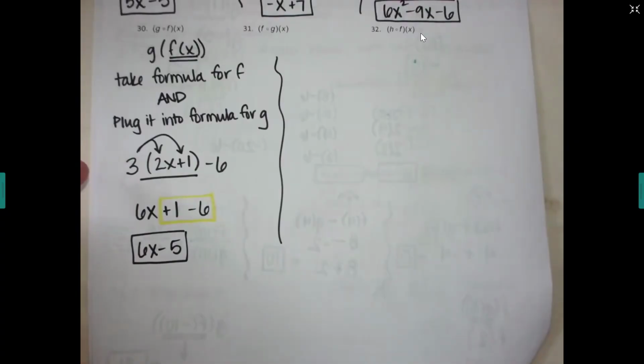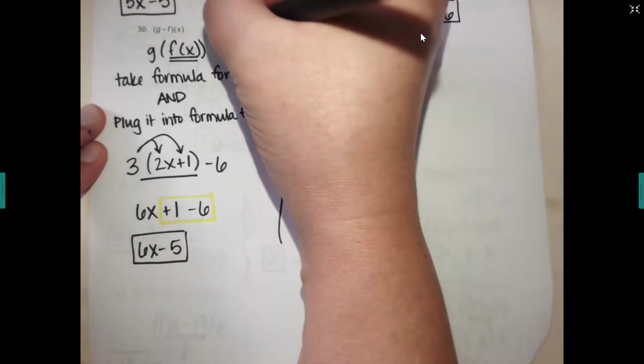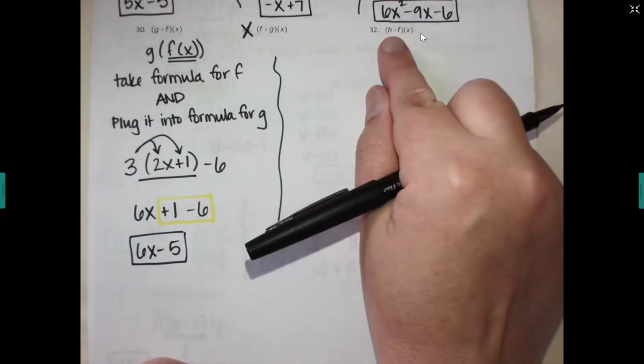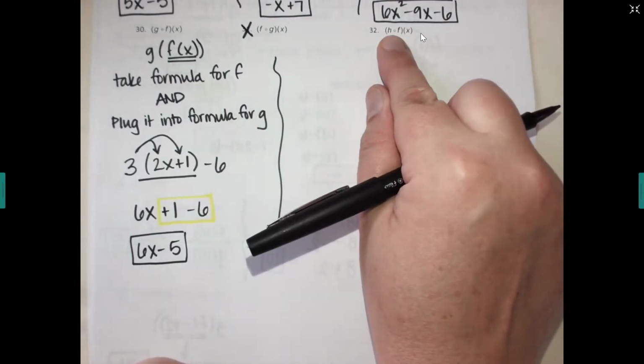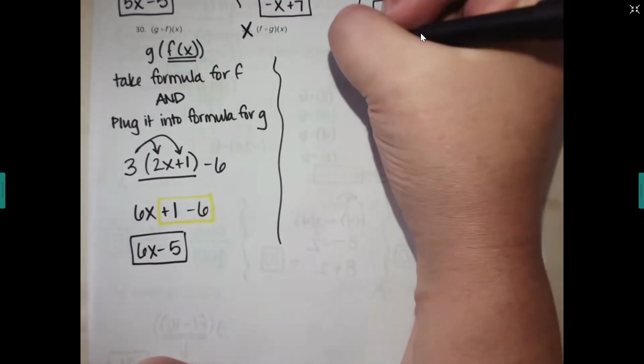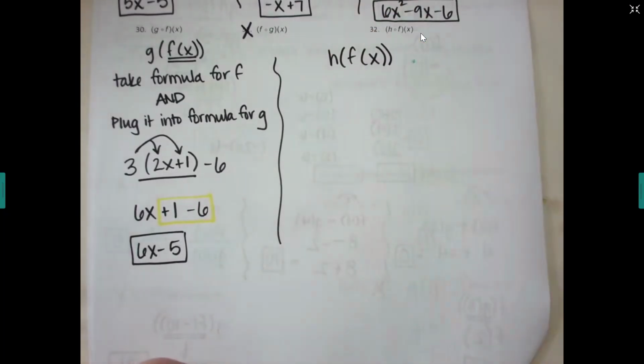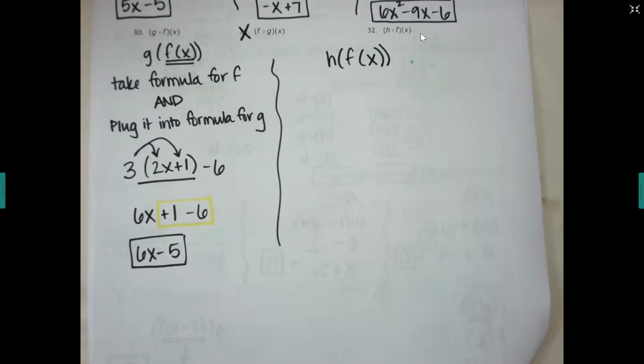All right, just since we're going to do several of these, let's skip 31 and we'll do 32. So 32 says H composition F of X. That's going to be H of F of X. You're going to start with H's formula, and everywhere that you see an X, you're going to put a blank instead.